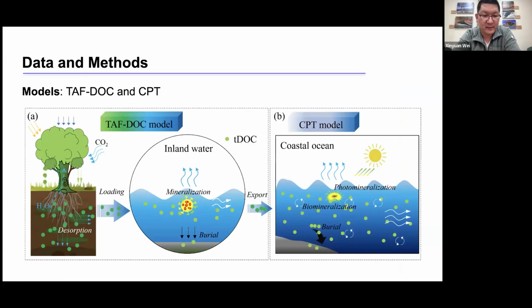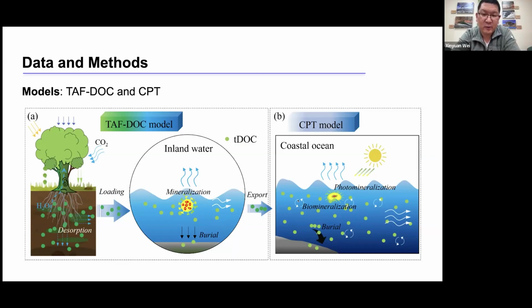This model can simulate the DOC loading from the forest soil to the inland water, and it also simulates the biogeochemical processes in the inland water, including the burial and mineralization processes. Finally, it can simulate how much TDOC will be delivered to the coastal ocean through the river outlet.